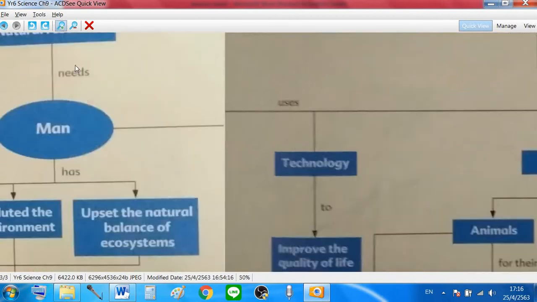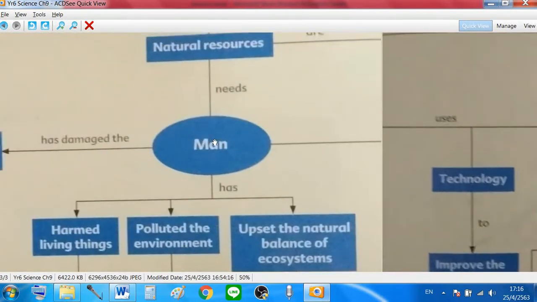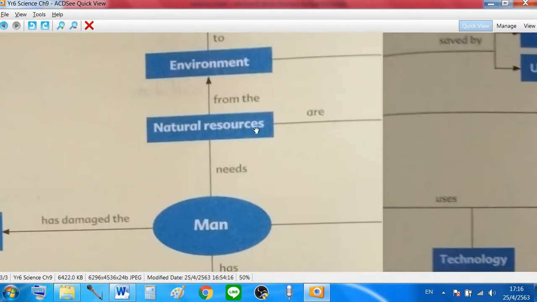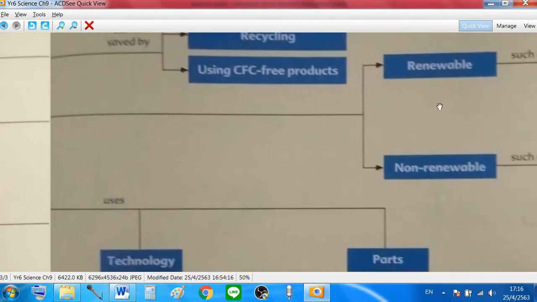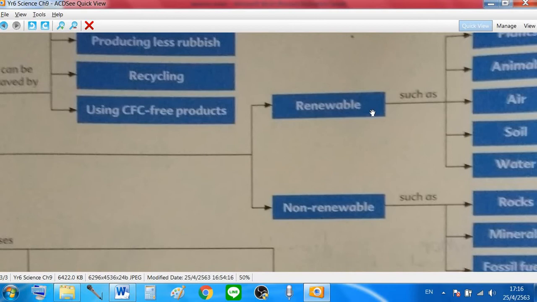And so we'll start here with man. And we see there are 4 directions for the 4 topics: man needs, man has damaged, man has, and man uses. So if we go up first, man needs natural resources. And natural resources are in 2 categories, renewable and non-renewable.